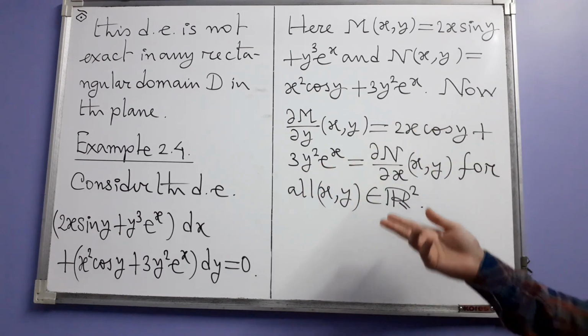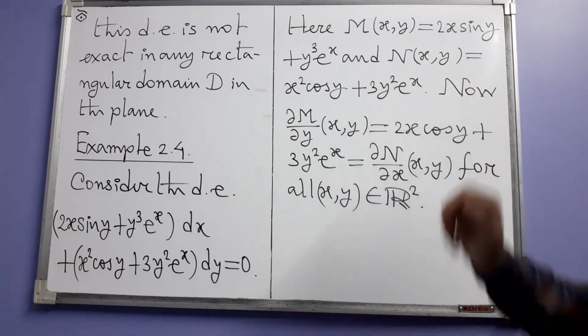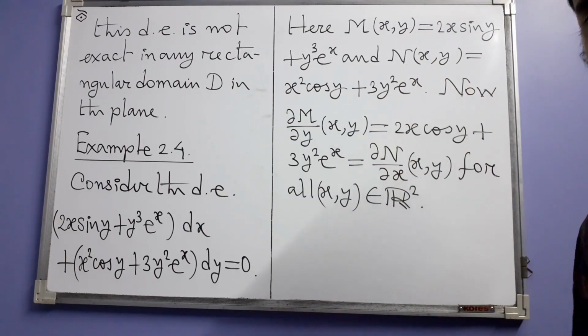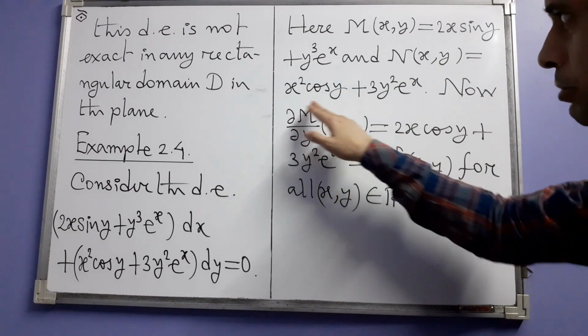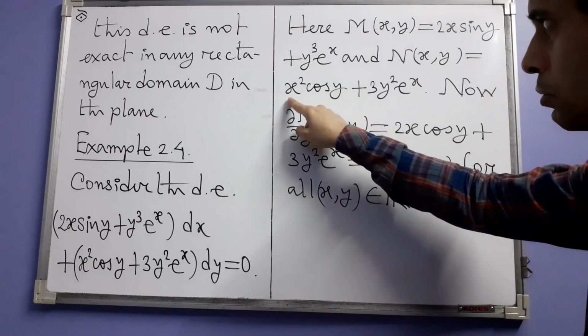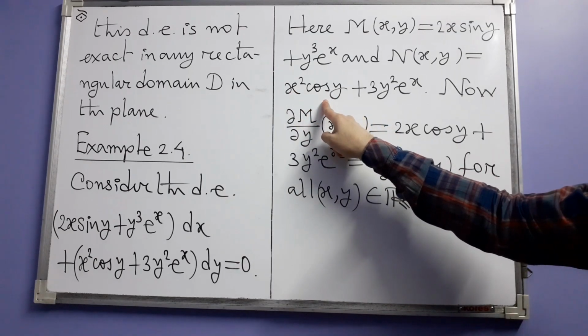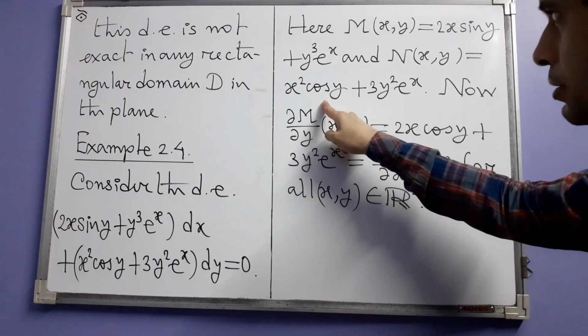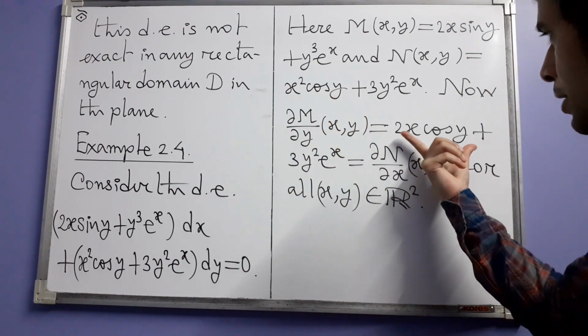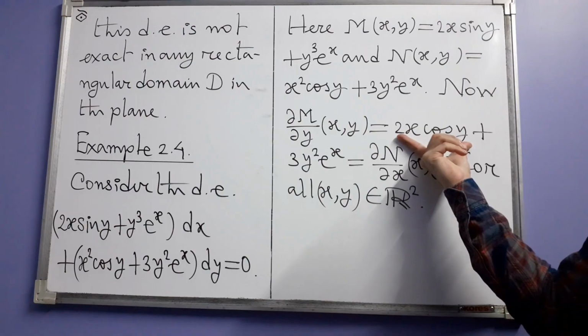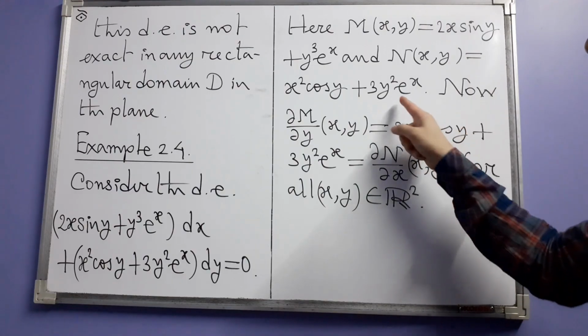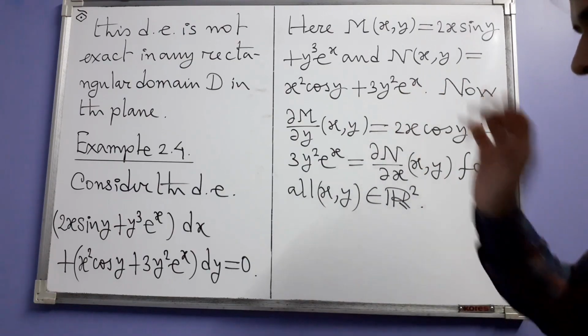On the other hand, if you differentiate N with respect to x, then y will be considered constant. So from this term you are going to get 2x cos y. Because y is constant, cos y is also constant. So that way you actually are again getting 2x cos y. And from this term, this won't really change.